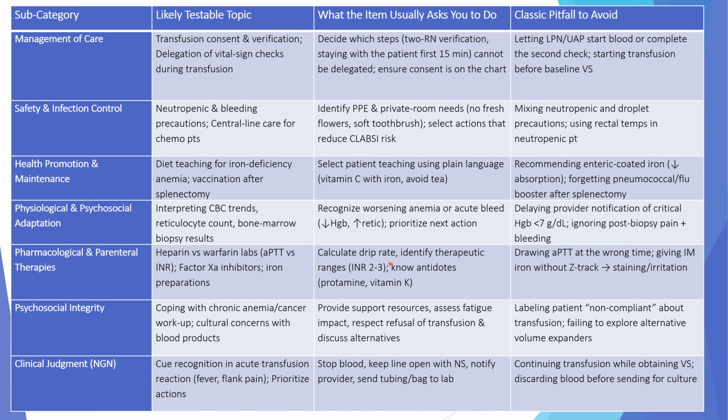So to calculate the drip rate, identify therapeutic ranges, INR 2 to 3, know the antidotes, protamine, vitamin K. Pitfalls: drawing an APTT at the wrong time, giving IM iron without Z-track, staining and irritation. Yeah, because the iron injection stains, as I said earlier.